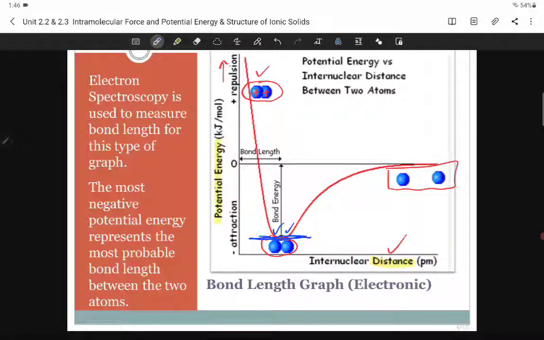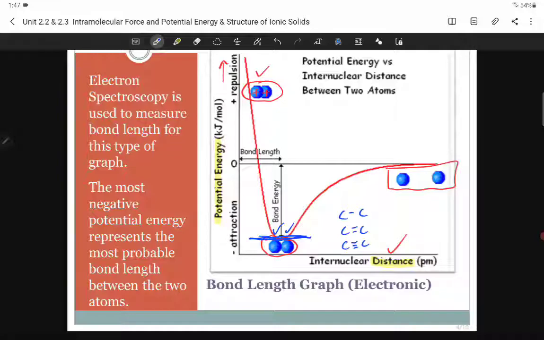And remember that a single bond has some energy, meaning that if you form a single bond, it's going to release some energy. If it's a double bond, it's going to release more. If it's a triple bond, it's going to release even more.